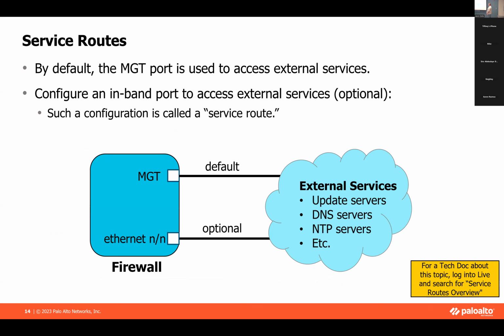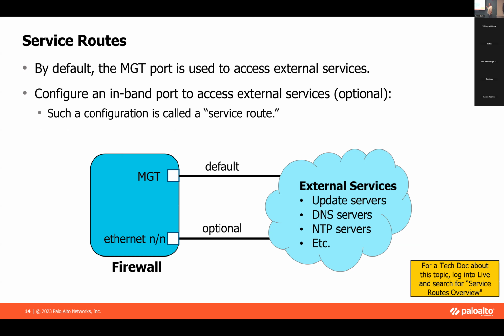Service routes. By default, the management port is used to access the external services, which means if your management port does not have internet access because it's on a sandbox secluded network, you will actually have to swing the service route off of the management port to whatever outside WAN port you determine is on your firewall, right?